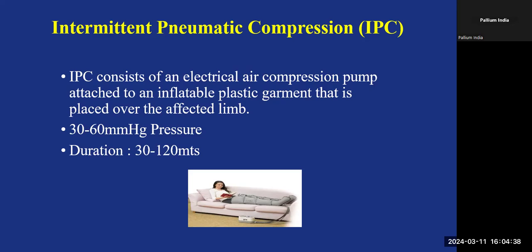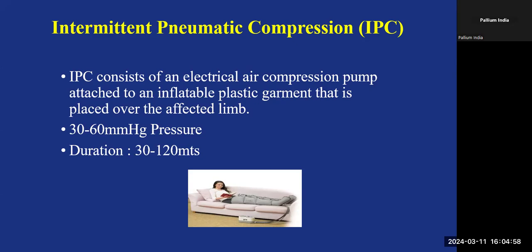You give 30 to 60 pressure on the machine for a duration of 30 to 120 minutes. During this time it will give 30 to 60 pressure all the time.